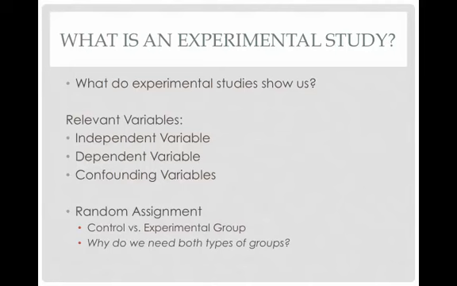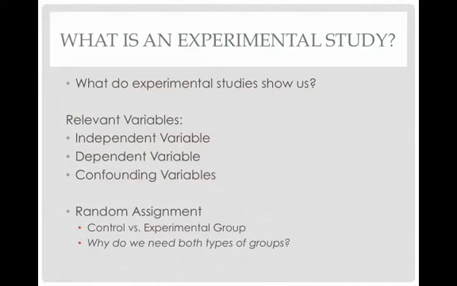Now, your dependent variable is going to be the behavior that I look at that's going to show me the effect of my independent variable. So if we go back to this cocaine example, is this drug helping to reduce cocaine use? Well, what's going to show me that?